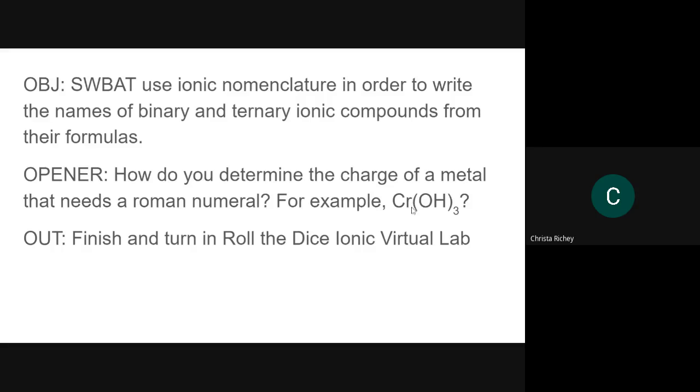But you only have 1 chromium, so you divide how many of the atom is into the total positive charge. Technically this is math, but it's not anything like what we're going to be doing next semester.